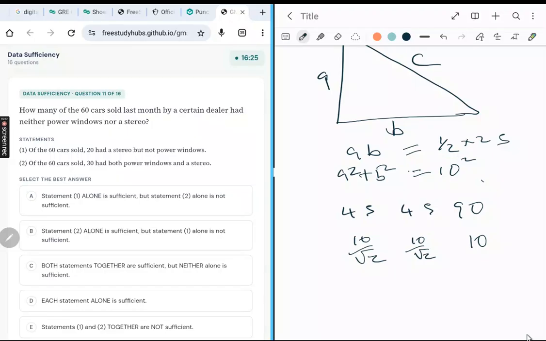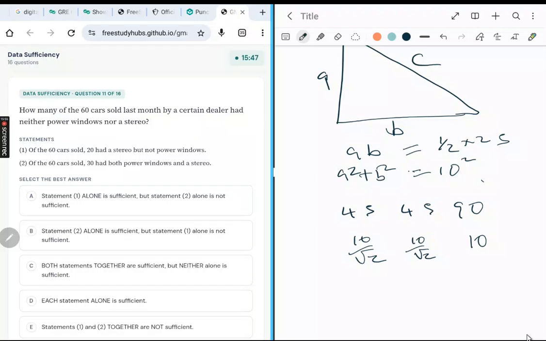Of the 60 cars sold, 30 had both power window and stereo. Okay, neither power window nor stereo.